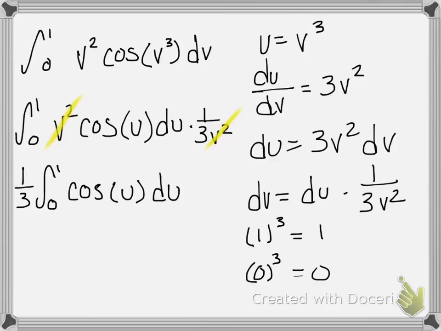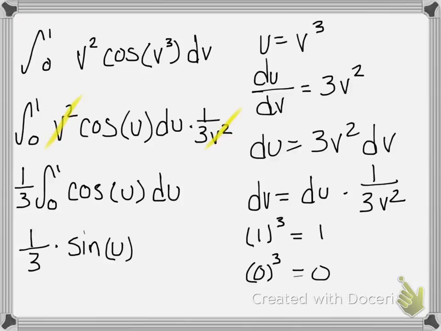Alright, so now we just take the antiderivative. We're still going to have 1/3 times, the derivative of sine gives us cosine, so when we take the antiderivative of cosine, we get sine u.